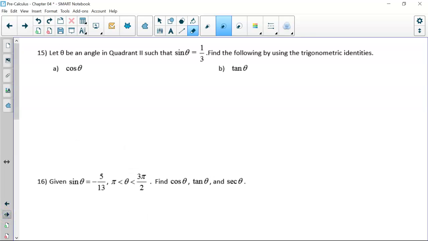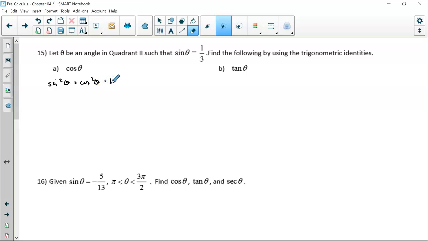Number 15. Let theta be an angle in quadrant 2 such that the sine of theta is 1/3. Find the following using the trig identities. One of our trig identities deals with cosine, the Pythagorean identity: sine squared theta plus cosine squared theta equals 1.